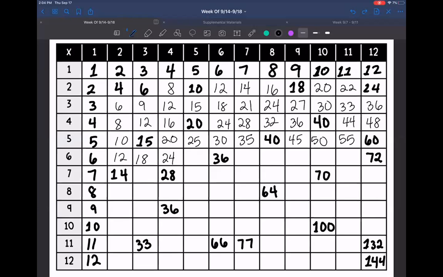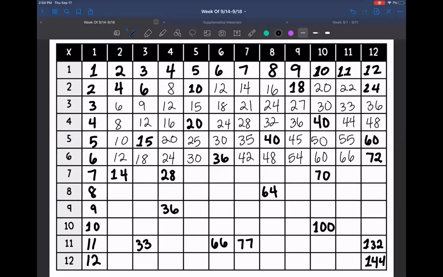It is 30. 6, 12, 18, 24, 30. 6 times 7, 42. Times 8, 48. Times 9, 54. Times 10, 60. Times 11, 66.